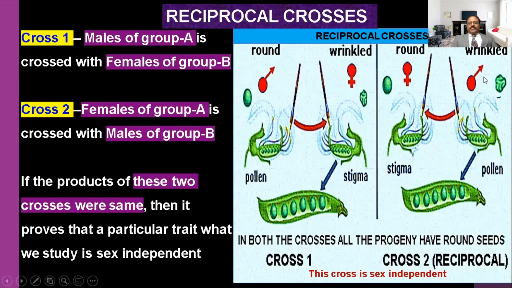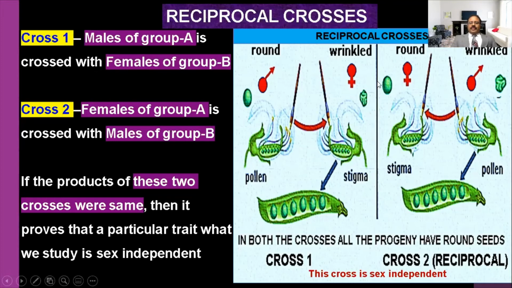Now we take the pollen from the wrinkled plant and put it onto the stigma of the round plant. Now the round plant acts as a female and the wrinkled plant acts as a male. At the end of the cross, we get round seeded plants only.